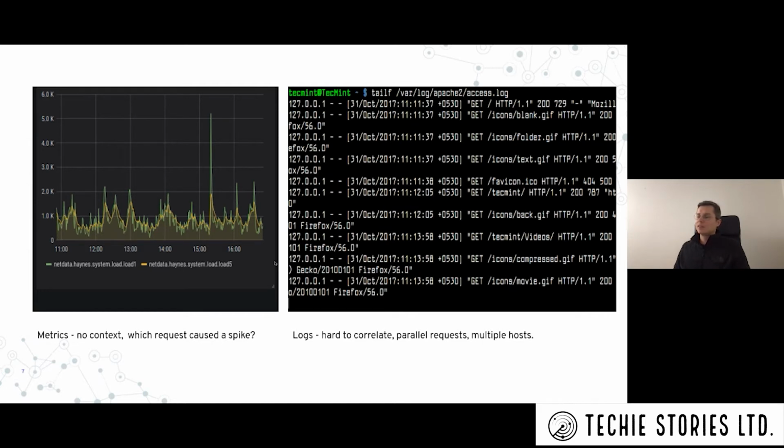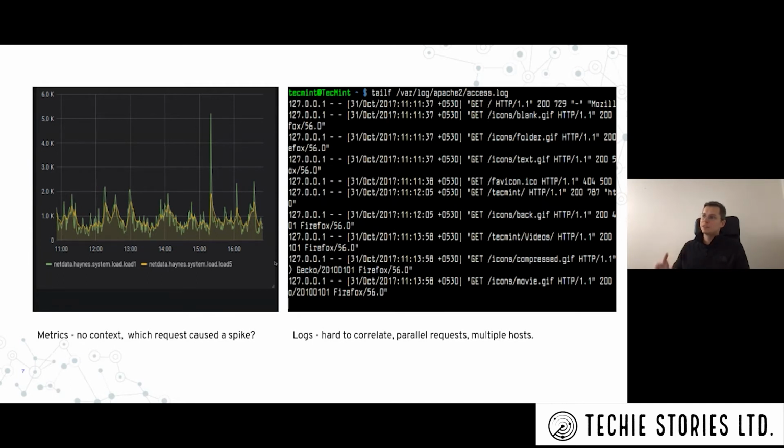On the other hand, in logs, there is so much context. When we see logs, there is a lot of information, a lot of log messages, but there are two fundamental problems with logs. First of all, there is too much data, and nowadays each service serves multiple concurrent requests at the same time. So these logs are mixed together for different transactions.